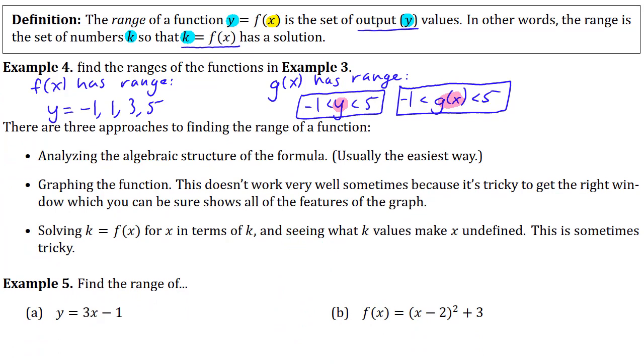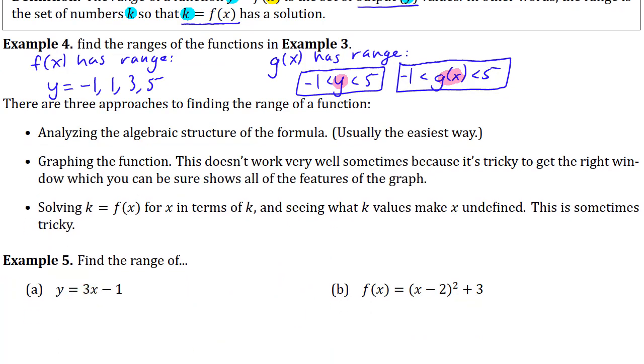So let's look at this example A here. If you want to find the range of this, what are the possible y coordinates you can get out? That's like asking what the possible results are of doing 3x minus 1 for different numbers x. You could get a positive number out if x is a big number. If x is something like -10, you're going to get a negative result.